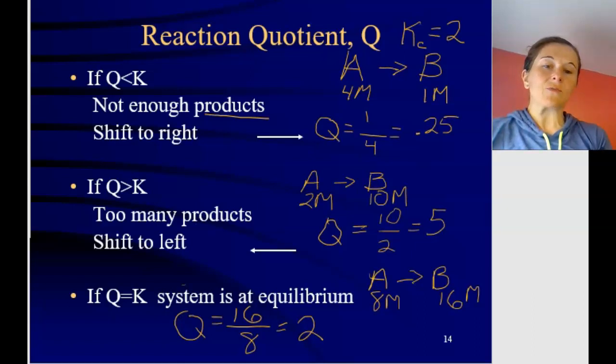So this means the rate of forward and reverse reactions is equal and constant. Our concentrations of our reactants and our products are constant, but as we can see here, not equal. And so now we can tell our system's at equilibrium. So that's how Q and K is used.